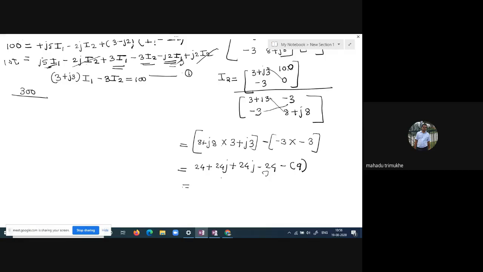Tell me what is the value at the denominator side. Sir, 48j minus 9. Yes, exactly. -24 and 24 get cancelled, so here -9 plus 48j.